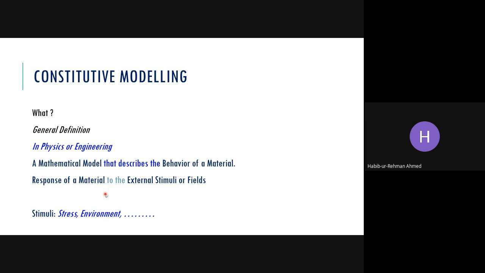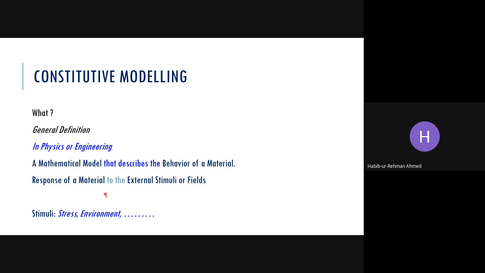But in addition to these stimuli, we could have other stimuli for other kinds of materials present in other engineering or scientific fields. For example, we can have a magnetic field. If we place a material in a magnetic field, we have to determine its response to the magnetic field, and that is also a constitutive model.